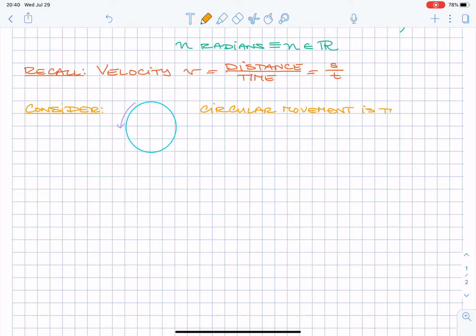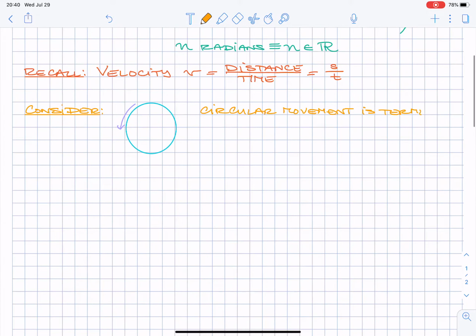Circular movement is termed, well, it's not the same as normal velocity because we're not moving forward in space. We're just going around in circles, quite literally. But your circle could be spinning very quickly, like the wheel of a car, or very slowly, like the wheel of your bicycle off the ground, just turning it slowly.